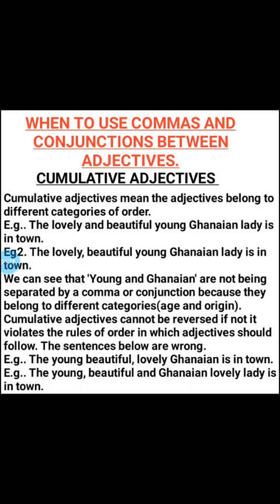So we have the lovely and beautiful young Ghanaian lady is in town, and we have the lovely, beautiful young Ghanaian lady is in town. We can see that young and Ghanaian are not separated by a comma or conjunction because they belong to different categories. Young belongs to the category age, and Ghanaian belongs to the category origin.